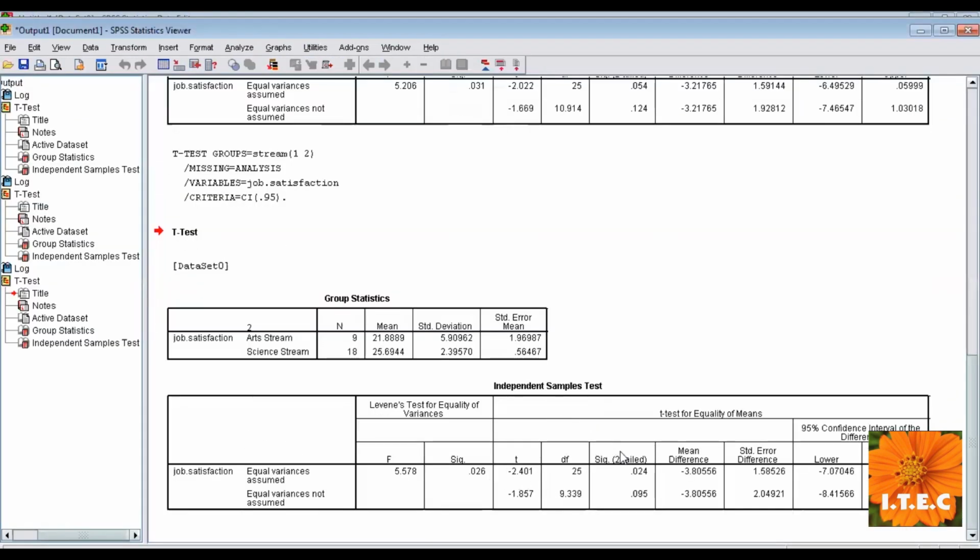Now the value is significant. Here you can see it is significant. So now if the value is significant, then how do we go about? So let us make the table and see how do we write.